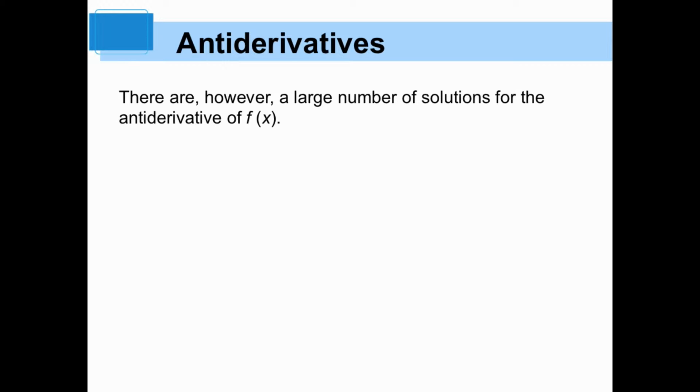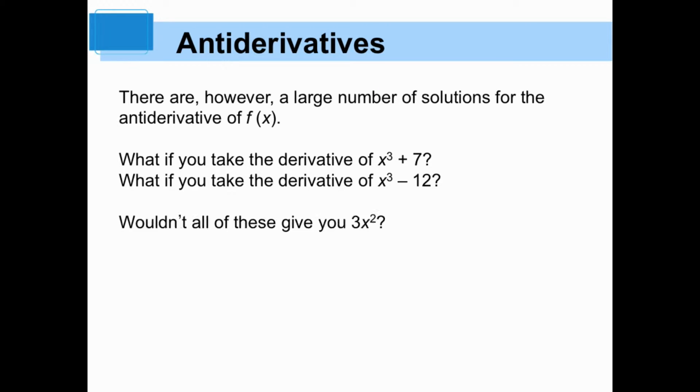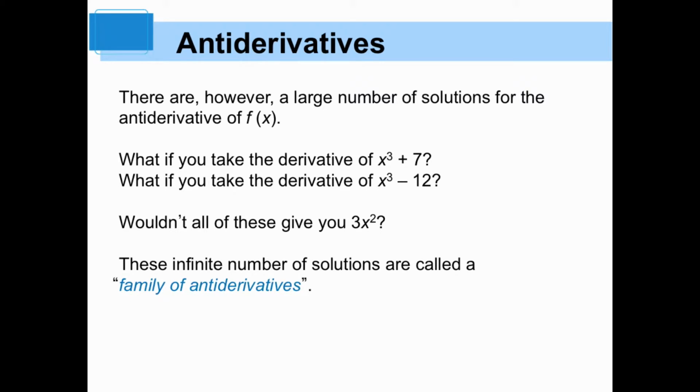Oh, yeah. Okay. How many of those are there? An infinite number, correct. And then we get what's called a family of antiderivatives. There are an infinite number of functions that when you take the derivative, you get that 3x squared.